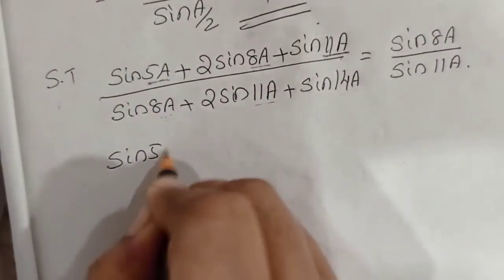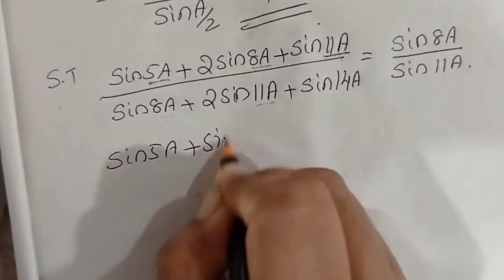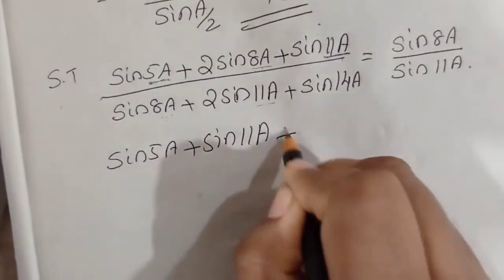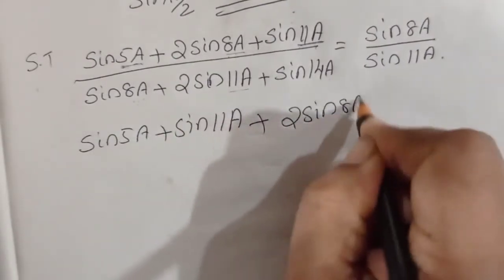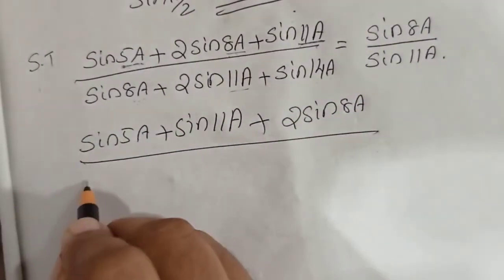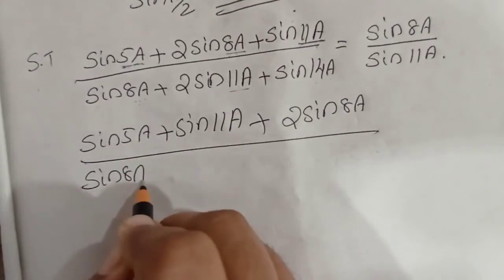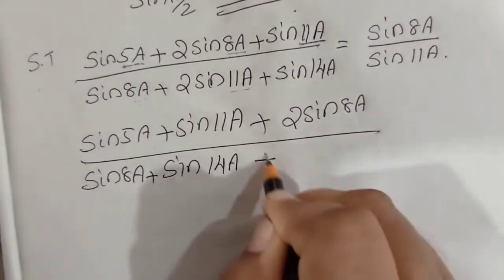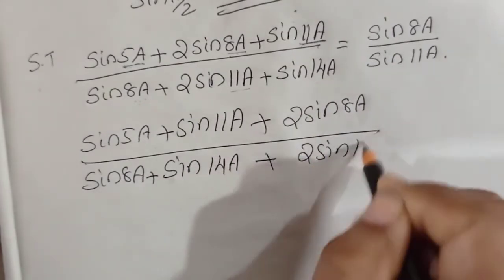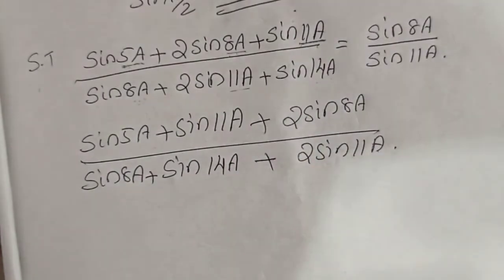Okay, write that. Sin 5A plus sin 11A together, plus leave some space, then write 2 sin 8A, the whole by sin 8A plus sin 14A plus 2 sin 11A. Keep it there.